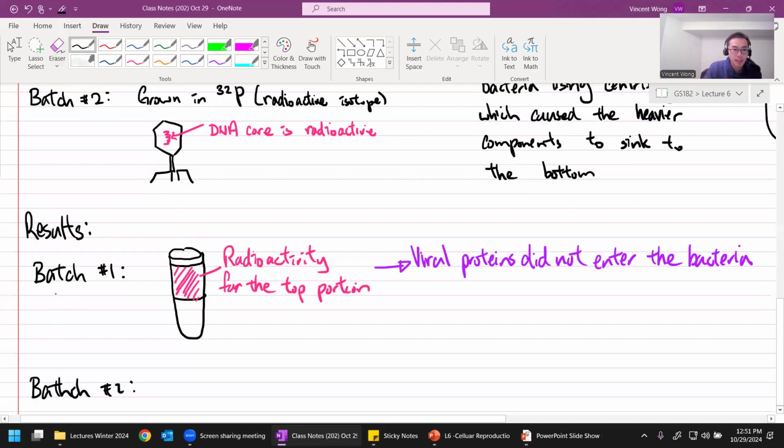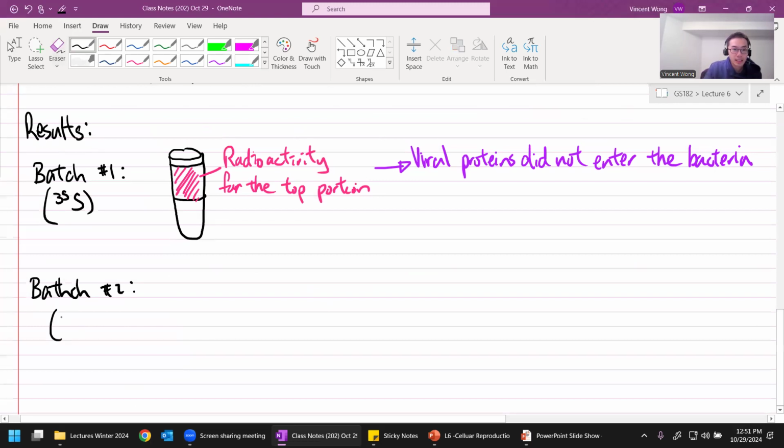Remember, this is sulfur 35. And then batch number 2 is phosphorus 32. So this time, the DNA are being labeled.